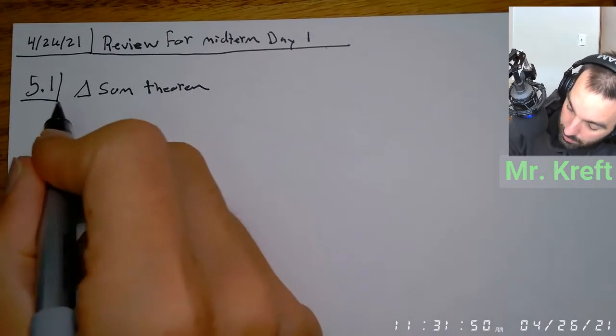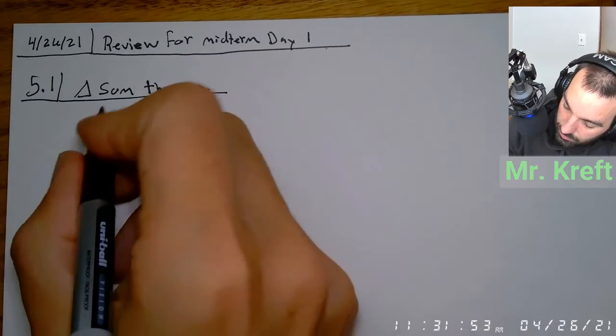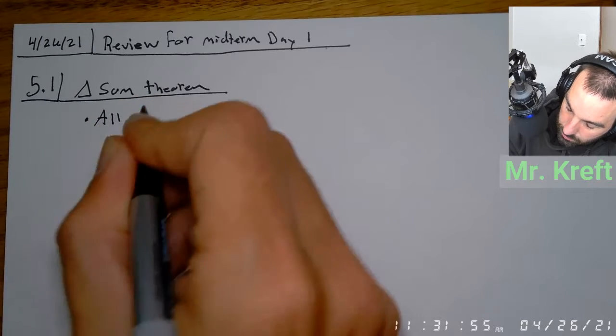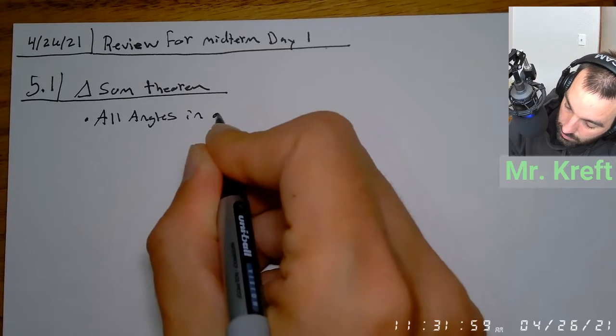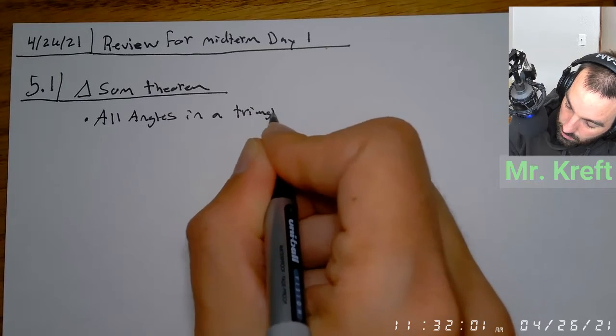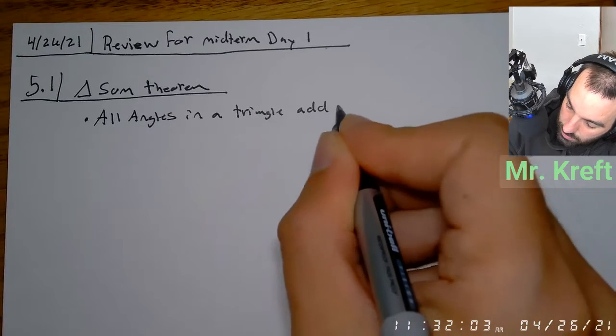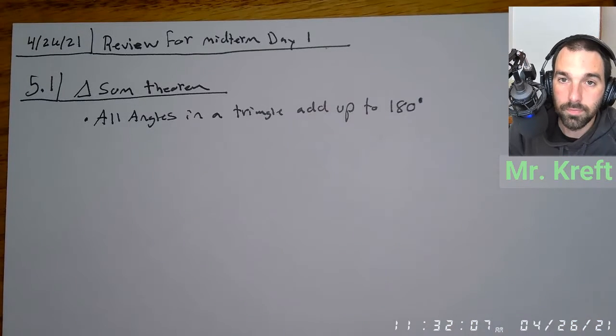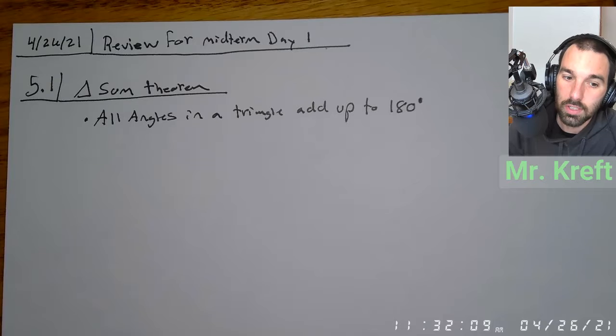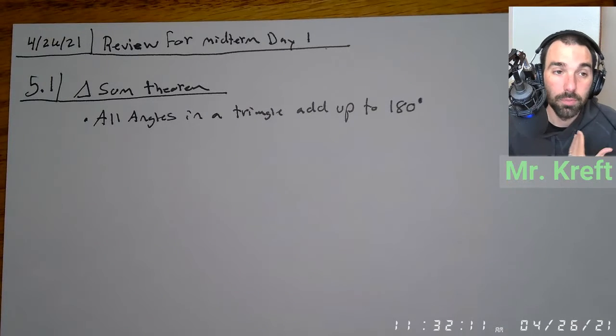Okay, so the triangle sum theorem. All that says is that all angles in a triangle add up to 180 degrees. That was a big one, and we've been using that quite a bit in everything that we do.